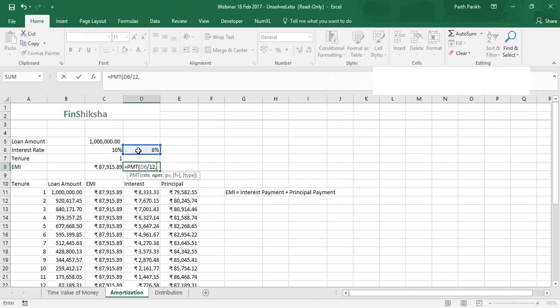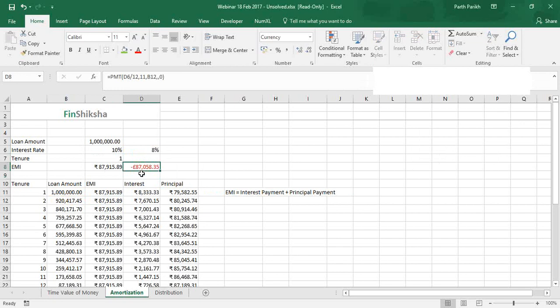My number of periods then would be 11. Present value would be my remaining loan amount. Then my F is 0 and I will pay at the end of the period. So my EMI would be 87,058 and then I will do my calculation on the basis of this value.